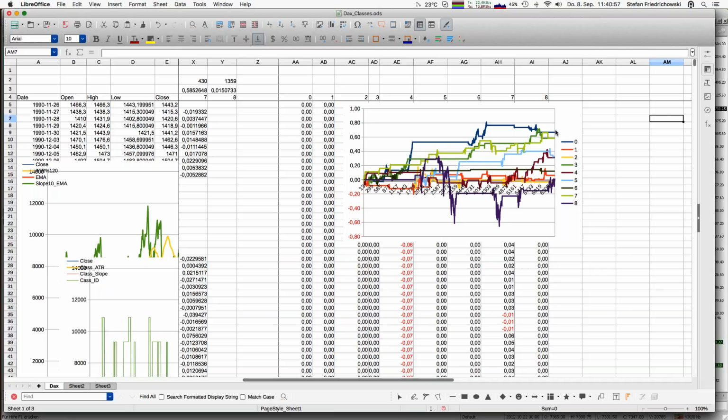So we have 3 really good classes for long trades, and 2 other classes in between, this more brown color and this light blue once again, so class number 5 and class number 4.